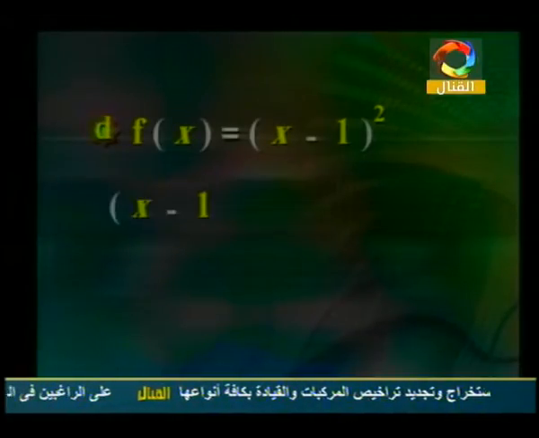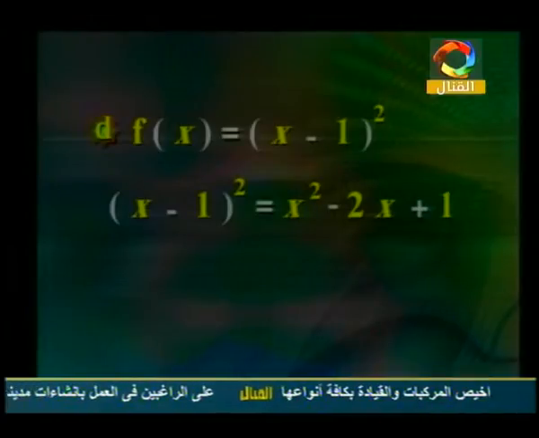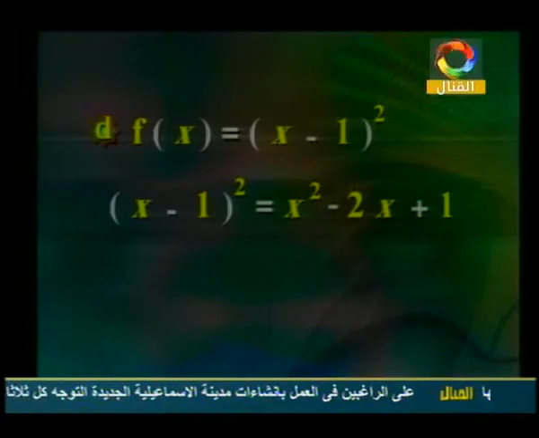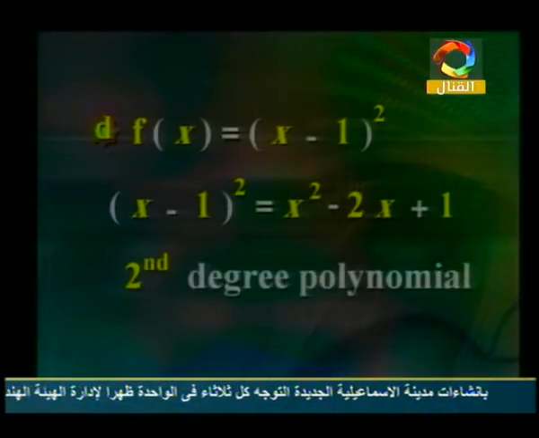At the first, solve this function. This is a perfect square. Remember that? Perfect square equals x to the power 2 minus 2x plus 1. Then second degree polynomial.